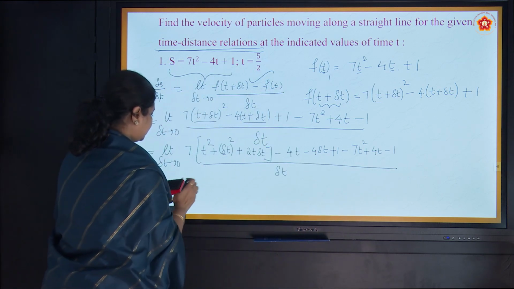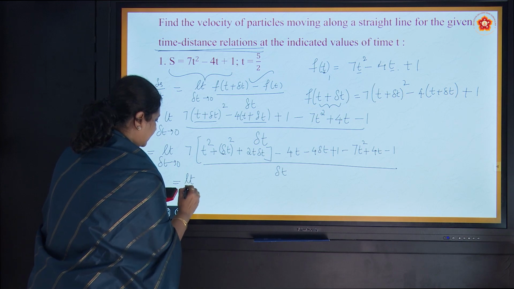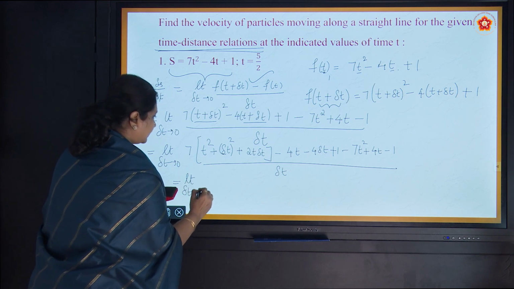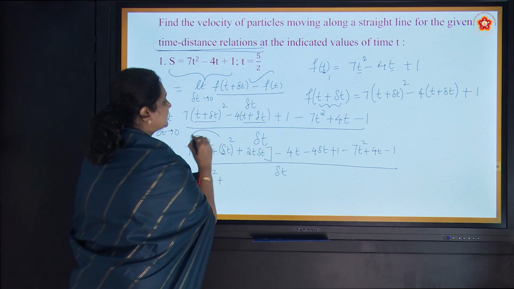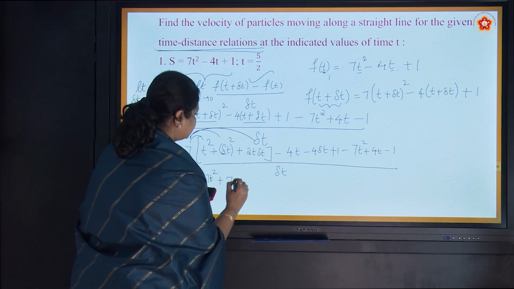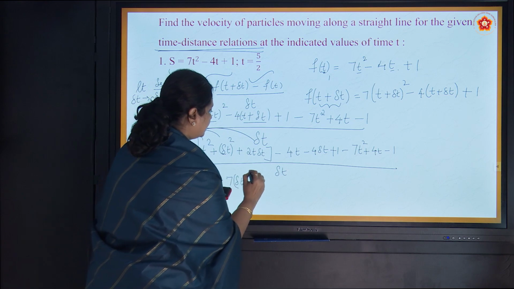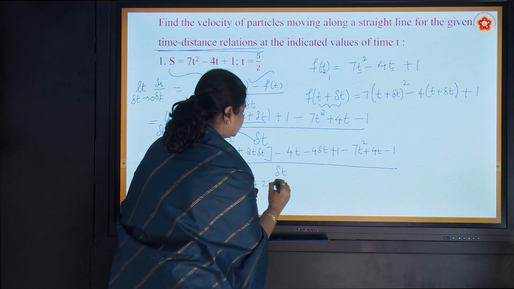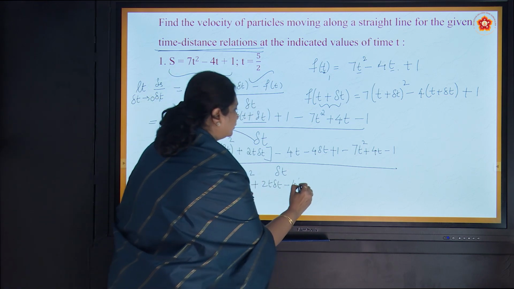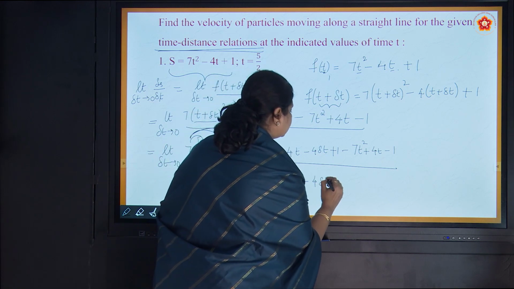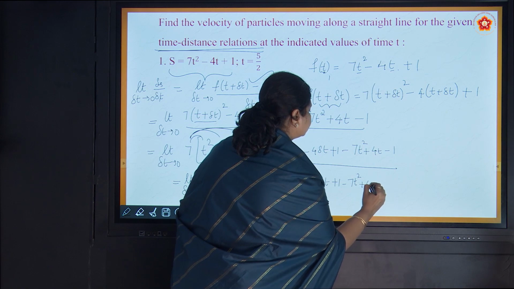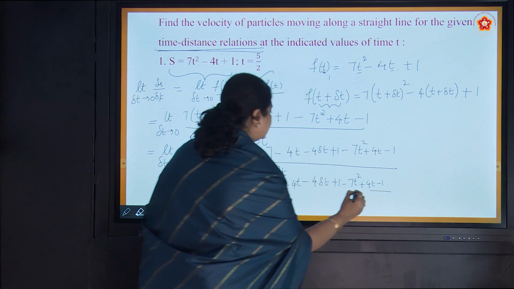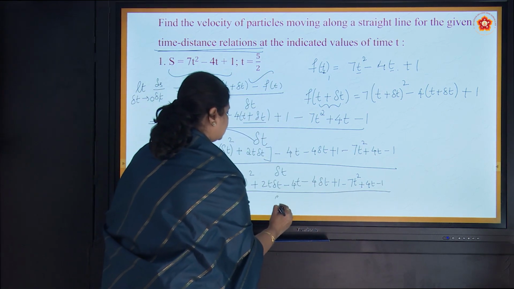Now again I have something here. Let me simplify and see what I get. So this is 7t square plus, multiplying this inside to simplify, 7 delta t the whole square plus 2t delta t minus 4t minus 4 delta t plus 1 minus 7t square plus 4t minus 1, divided by delta t.